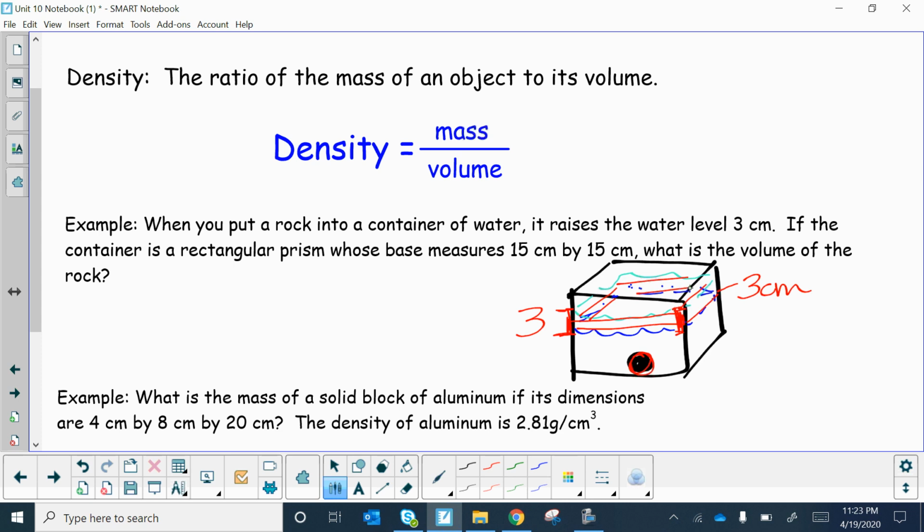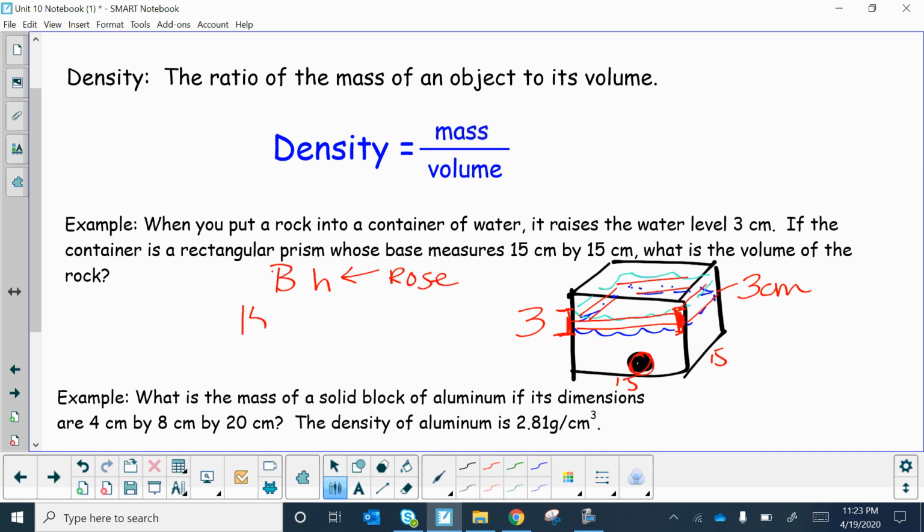And so all you do here is you would do the area of the base times the height that the water rose.